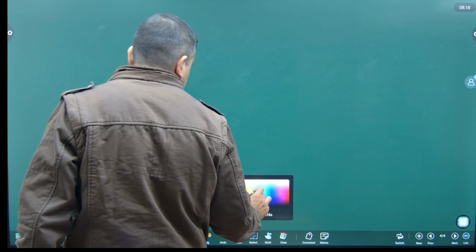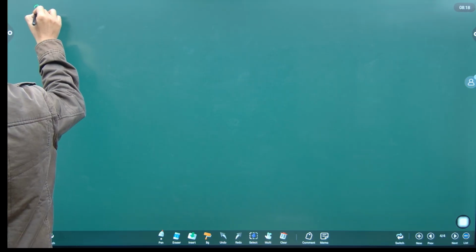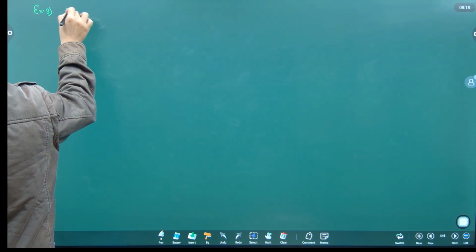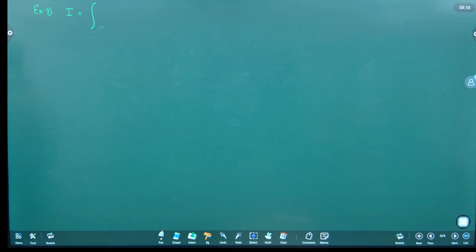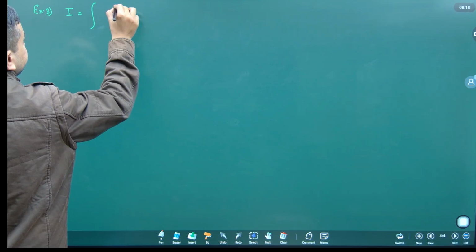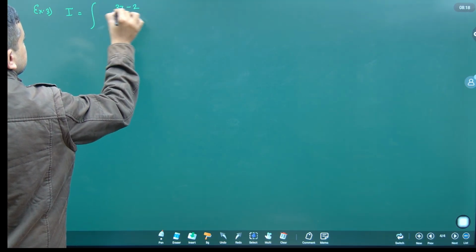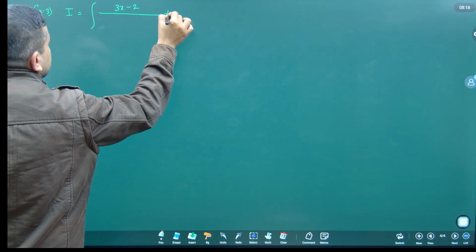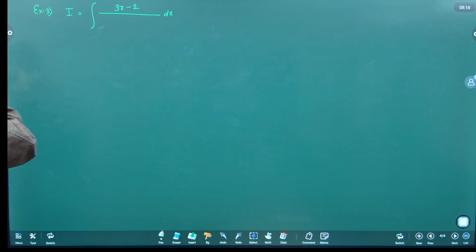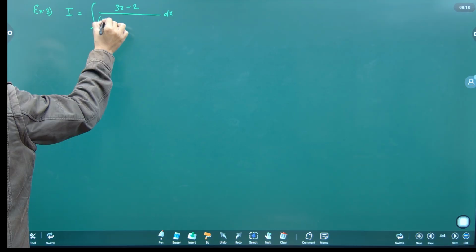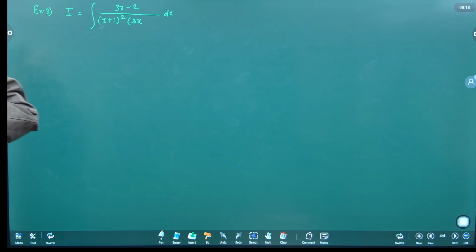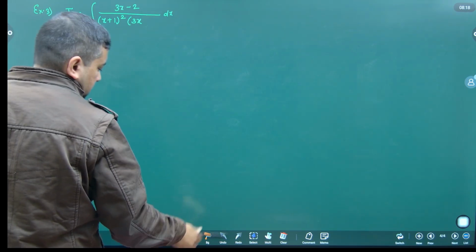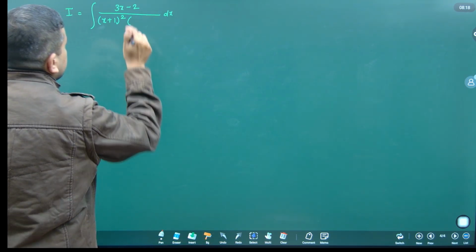Example number 3. I is equal to integral of (3x minus 2) upon (x plus 1) square into (x plus 3), not 3x, it is x plus 3.